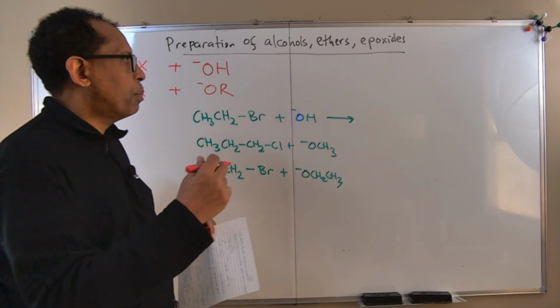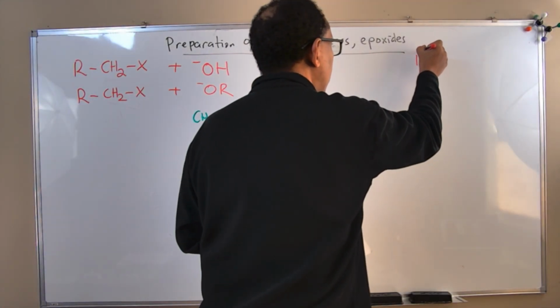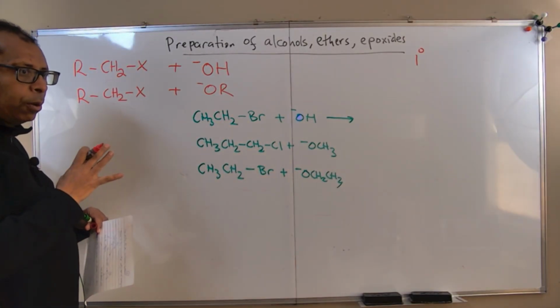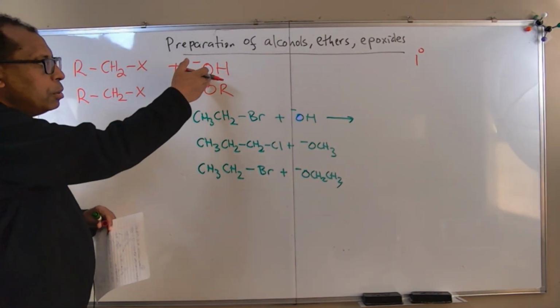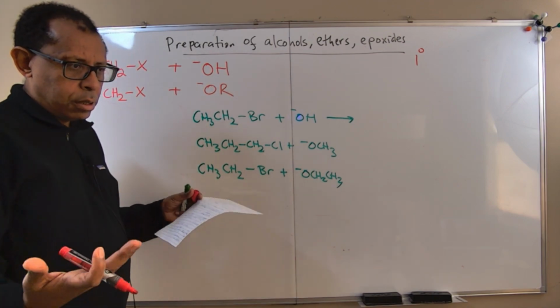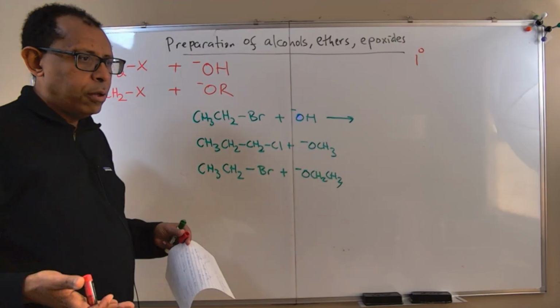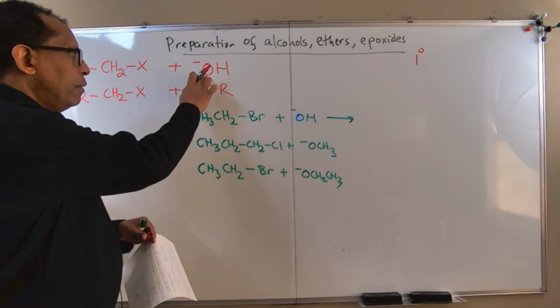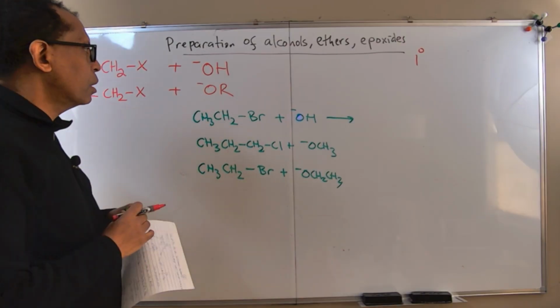So it is a primary alkyl halide, remember, one property of this, how to synthesize an alcohol. And you use the OH minus. It can be in the form of sodium hydroxide, potassium hydroxide, but it's a very strong nucleophile, if you remember.